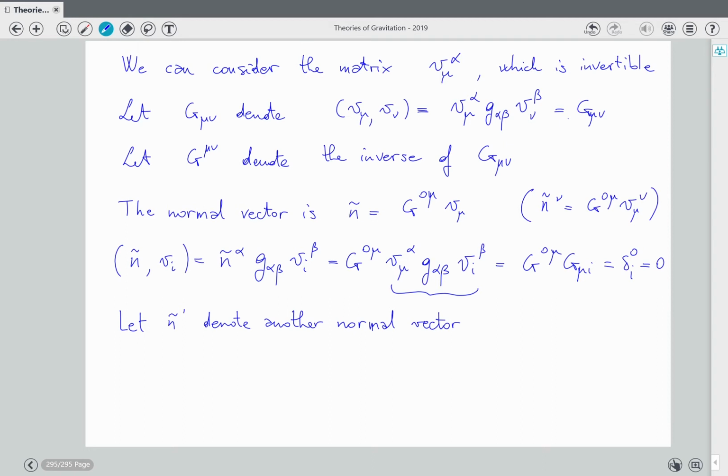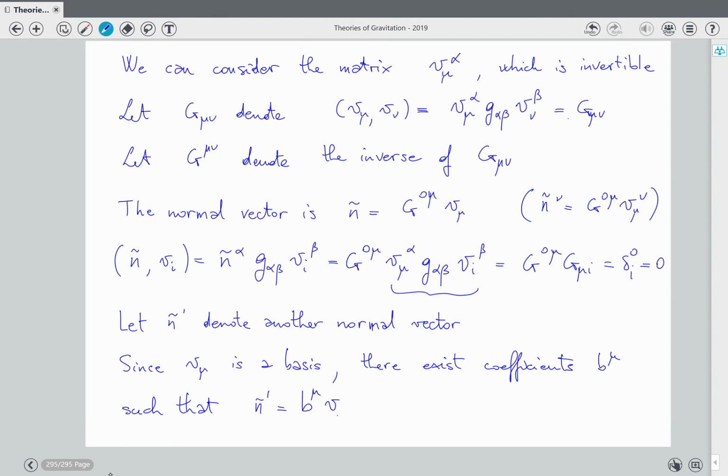Then, since V mu is a basis in the tangent space for the whole manifold, there exist coefficients B mu such that n tilde prime is a linear combination of those vectors of the basis, so we call the coefficients b mu.